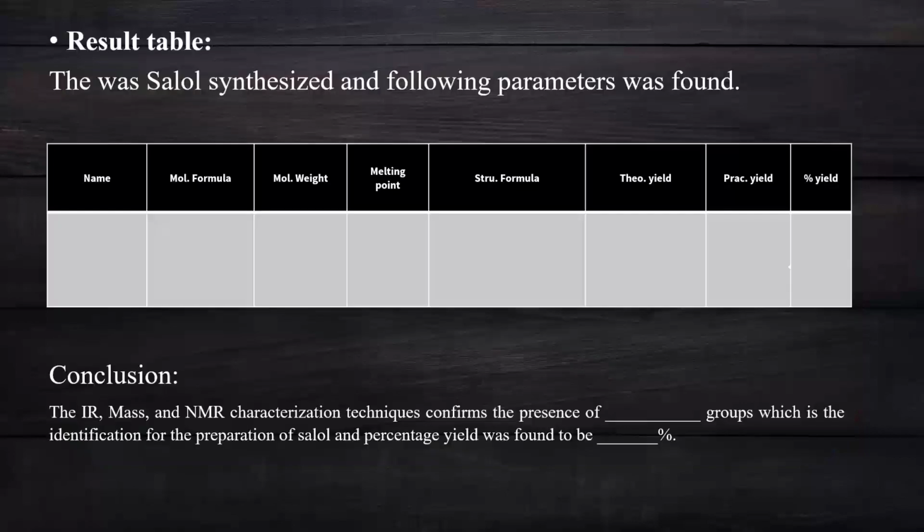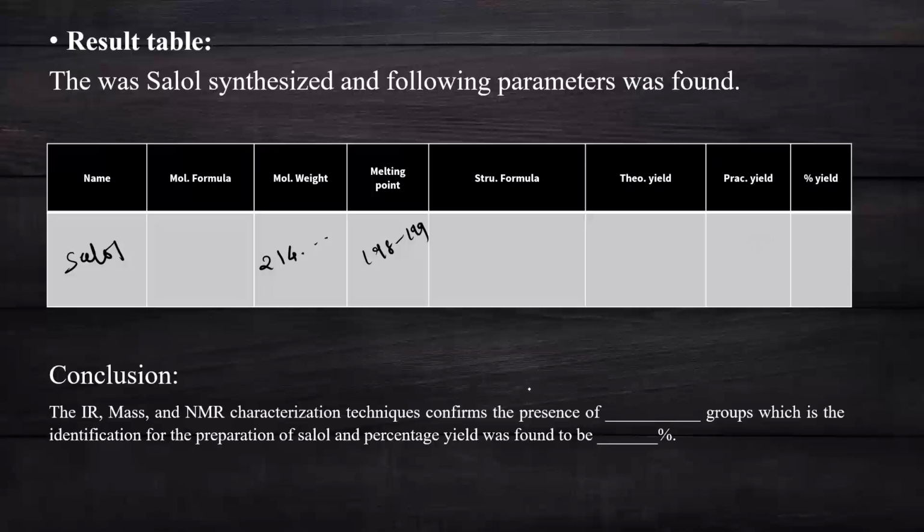The next point is the result table. The result table itself is a very important portion, as we discussed in lots of previous practicals, but it is still very important. So for the name, you have to write the compound here, Salol. The molecular formula, you have to write the molecular weight, yes, 214 point something. The melting point 198 to 199. Structure formula, definitely you have to draw. Theoretical yield, you have to write. Percentage yield, you have to write.